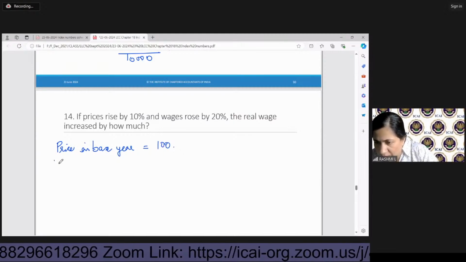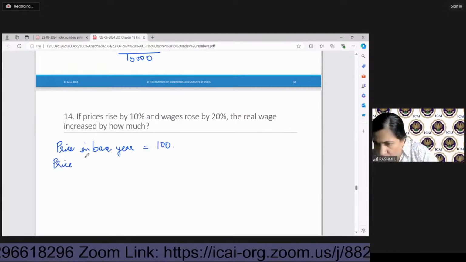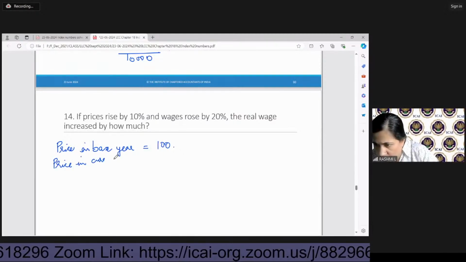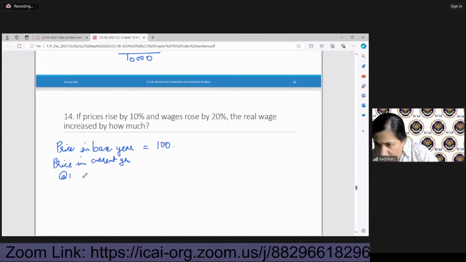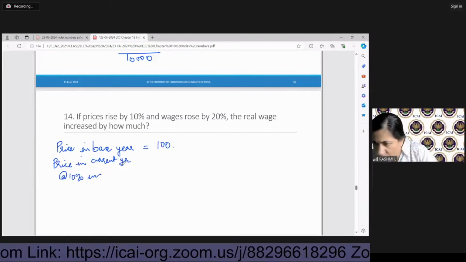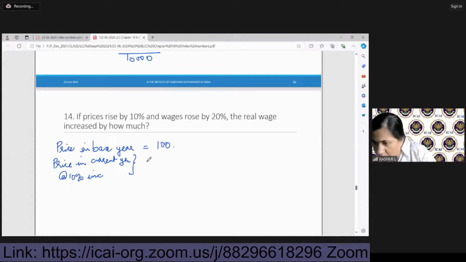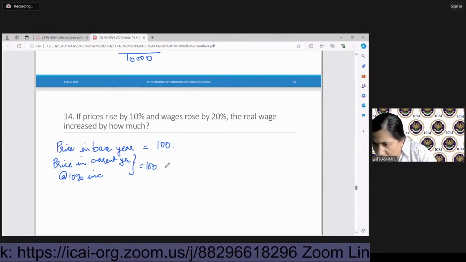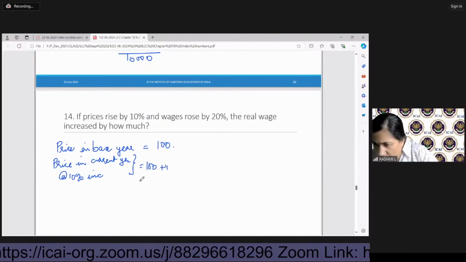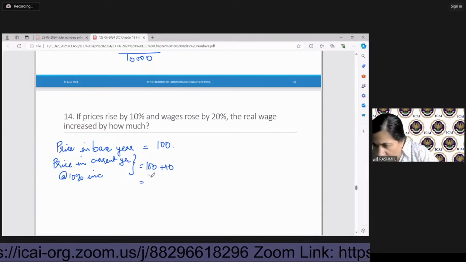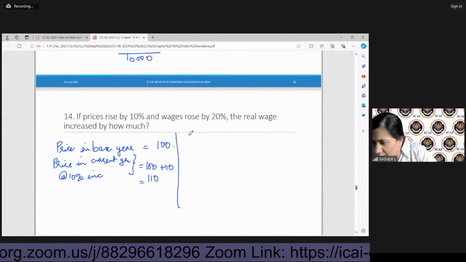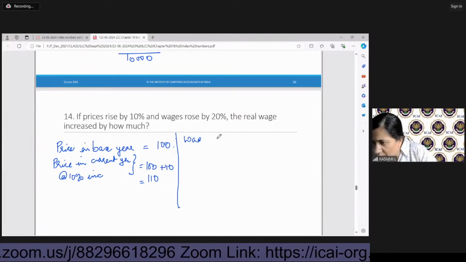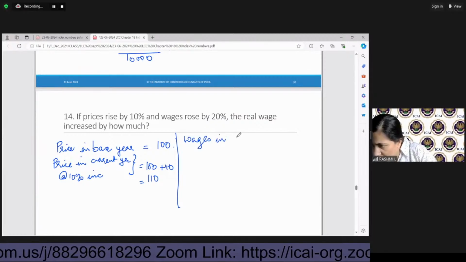So price in current year at the rate of 10% increase will be equal to how much? 100 plus 10, which is equal to 110. Okay.